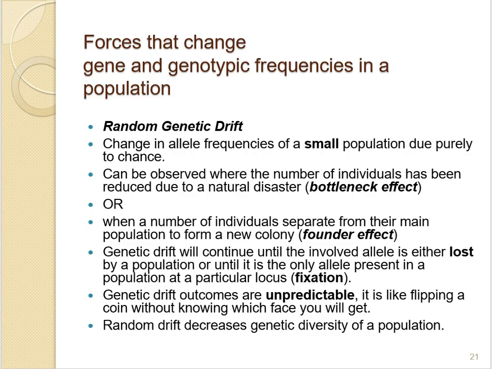In both these cases, random genetic drift becomes important. It can result in loss of an allele, or in fixation, where only one allele becomes the only allele at that locus. Genetic drift is unpredictable. It is like flipping a coin; we do not know which way it will go. And random drift decreases the genetic diversity of a population.